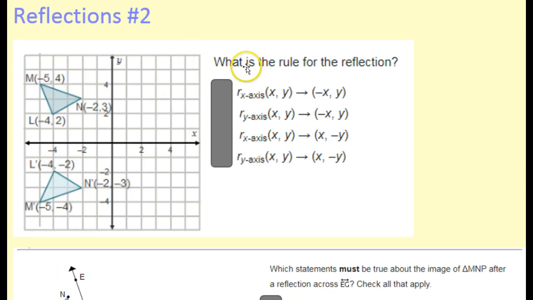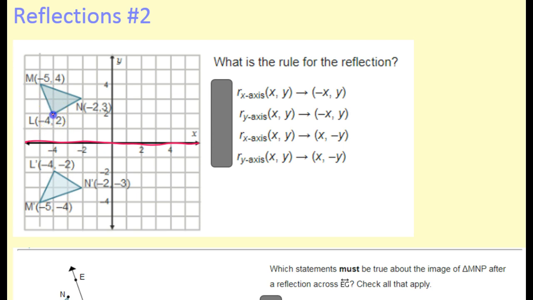Okay, in this question, what is the rule for the reflection? So first of all, we have to decide, are we reflecting over the x-axis or are we reflecting over the y-axis? That's thing number one. So I hope that it's just obvious to you that the x-axis is the reflection line. Alright, you have the one triangle above, the one triangle below.